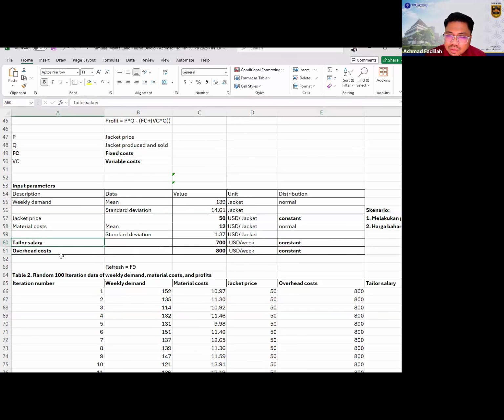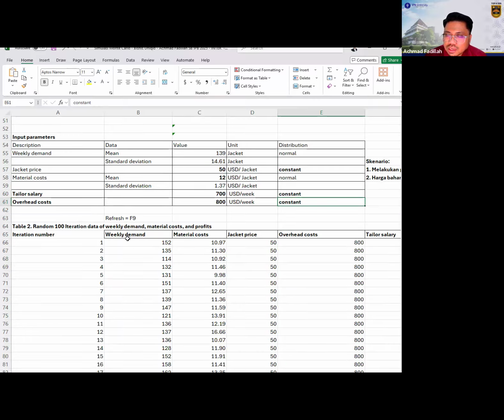In this simulation, you need to pay the fixed cost, and this is also constant. So you need to understand the distribution. The weekly demand is normal, like the material cost, and the other input parameters are constant.